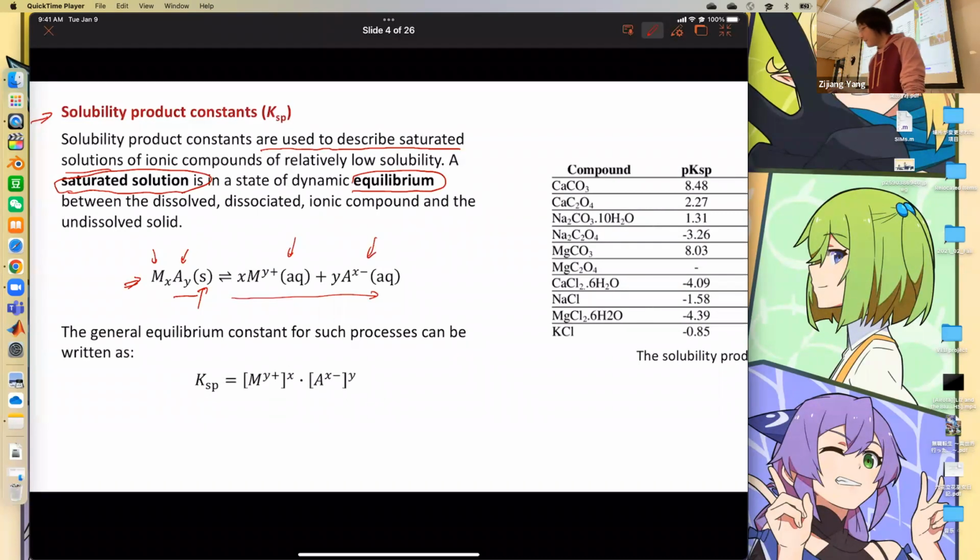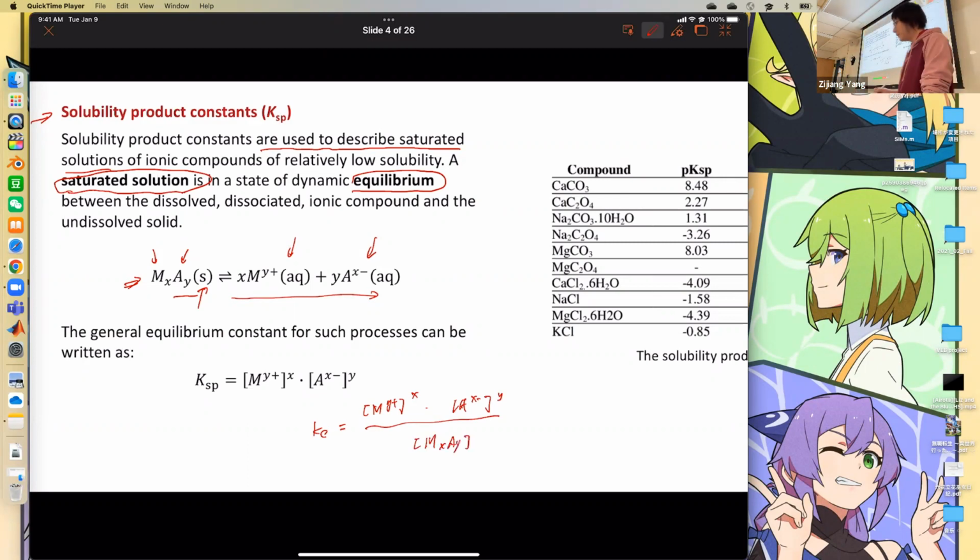And in this case, we know that the equilibrium constant of this equation would be the concentration of M to the power of X plus, times the concentration of A to the power of Y minus, divided by the concentration of the precipitate.